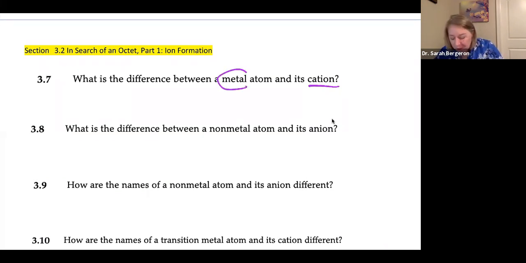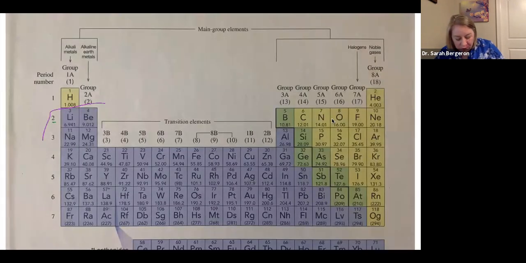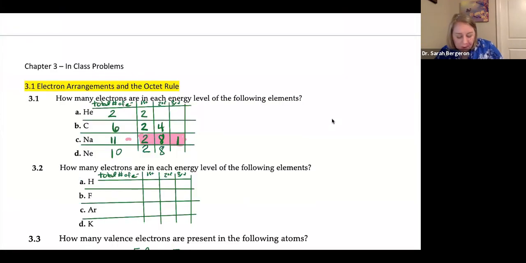If it's a metal ion, we start with the atom, right? And its number of protons is equal to its number of electrons. But if it's a metal, and remember that's the blue on the left side of the periodic table, right? Our metals are here. These are our main group metals, but these are all transition metals. So they're all metals, okay?